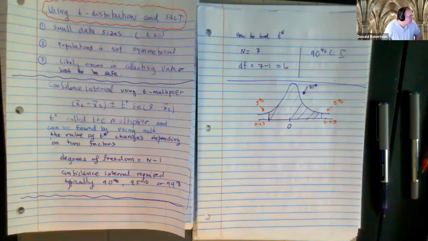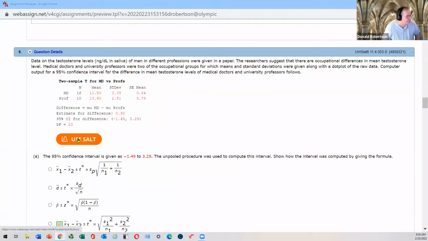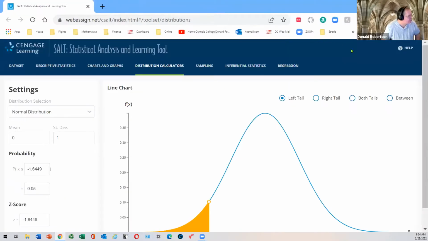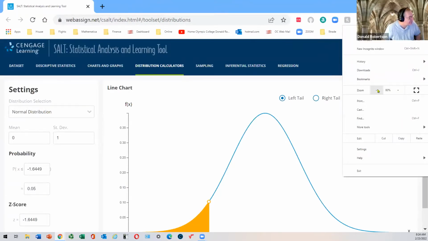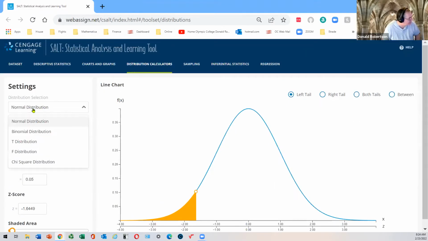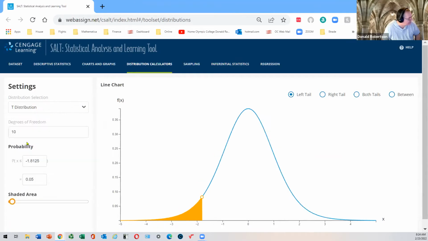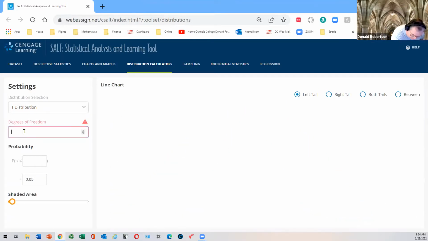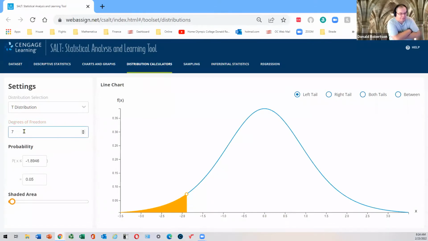So, just going to hit that use salt button. And, oops. There we go. So maybe shrink this a little bit because I want to see the whole shape. There. That guy there right now is the normal distribution. But if I kick it over to the T distribution, do you see it's T distribution now? The degrees of freedom was 7. So you put 7 in there.